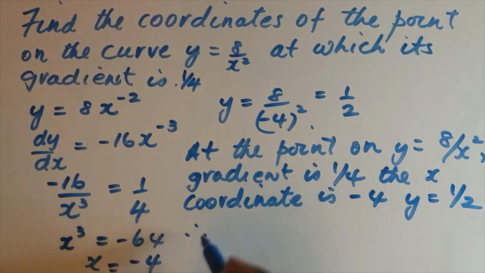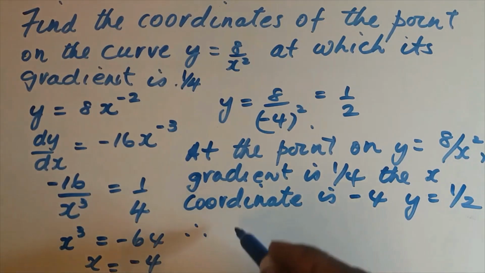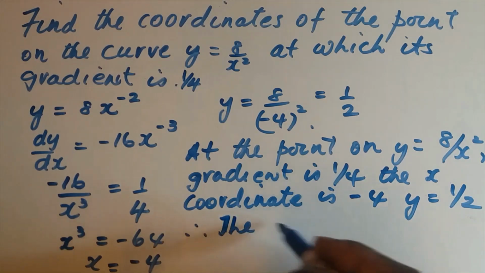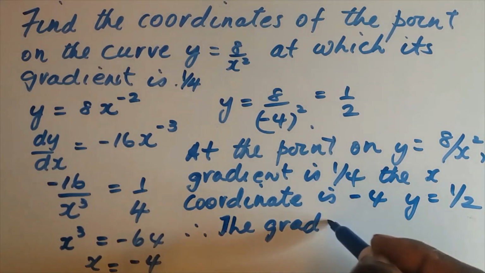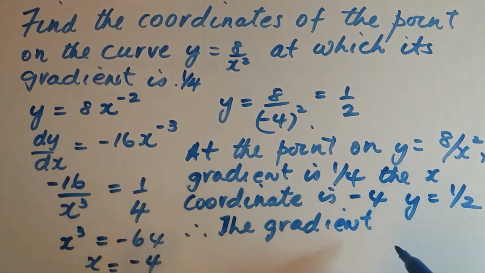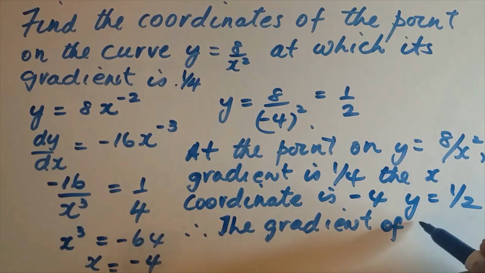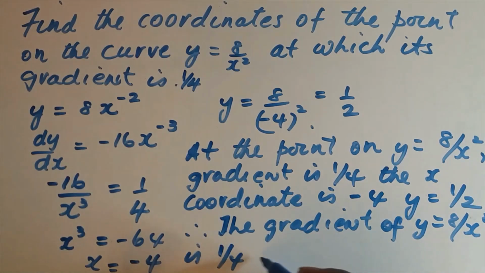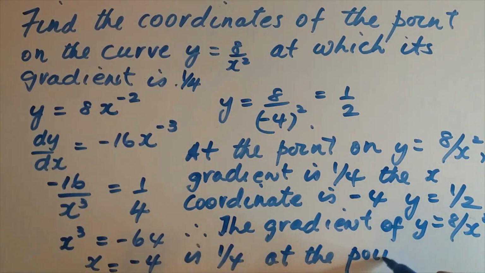So therefore the gradient of the curve y is equal to 8 over x squared is a quarter at the point negative 4, a half.